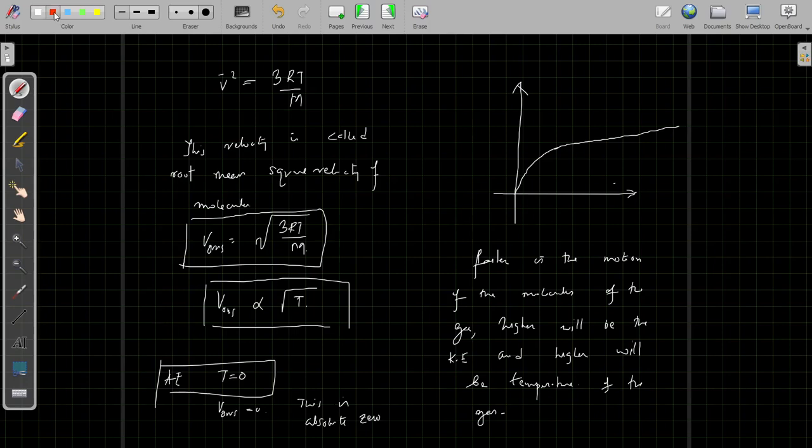This definition can be asked: what do you understand by absolute 0? So you have to say the root mean square velocity, when the RMS velocity of the molecules is 0, that means motion of the particles, they are not at all moving, we will call it absolute 0.